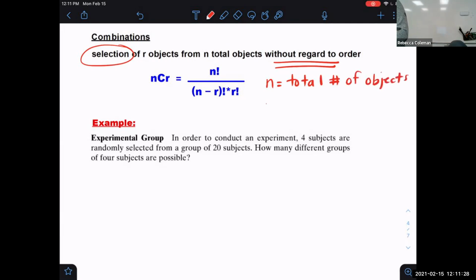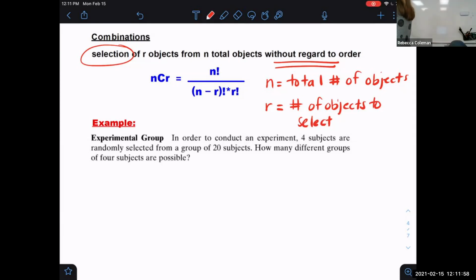But a combination is not looking to order. So in a combination, R simply represents the number of objects that you want to select without considering any ordered arrangements. So it's a situation where you're not interested in counting the orders. You're only interested in counting the groups that are possible.